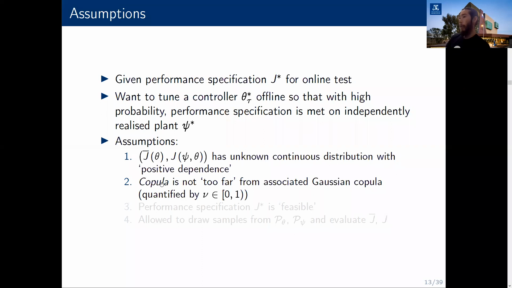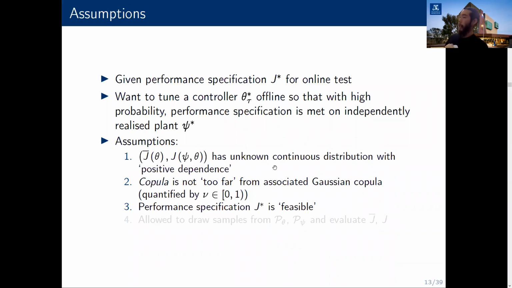Secondly, the copula of this joint distribution, and I haven't defined what a copula is yet, but for now it is enough to understand that a copula is a property of this distribution. So the copula of this distribution is not too far from the associated Gaussian copula, which can be quantified with some value nu.